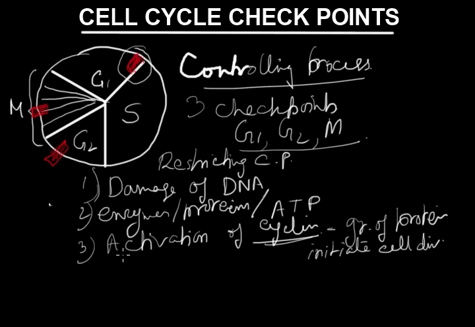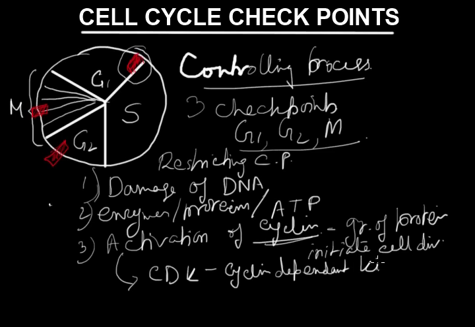The activity of CDK is also checked. CDK means cyclin dependent kinase. CDK is responsible for initiation of transcription, which ensures that the cell is now ready to enter the S phase.